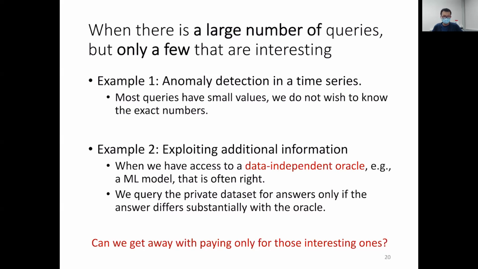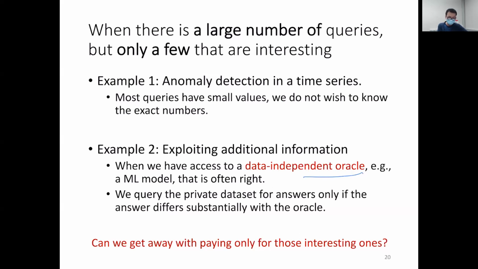To say it differently, I will be able to answer more linear queries accurately with the help of some oracle. An example of such an oracle is a machine learning model that just takes a question and tries to come up with an answer. The answer may be right or may have a large error.